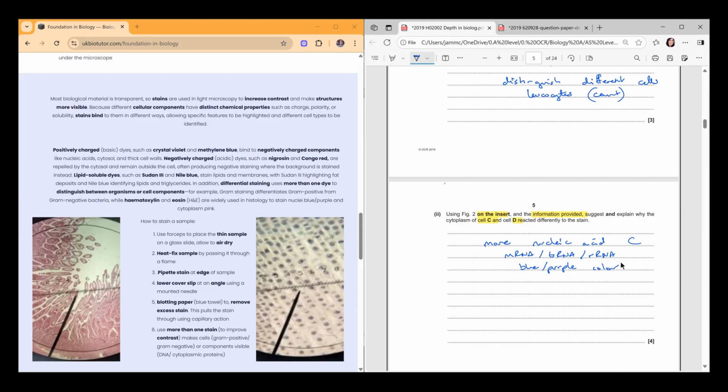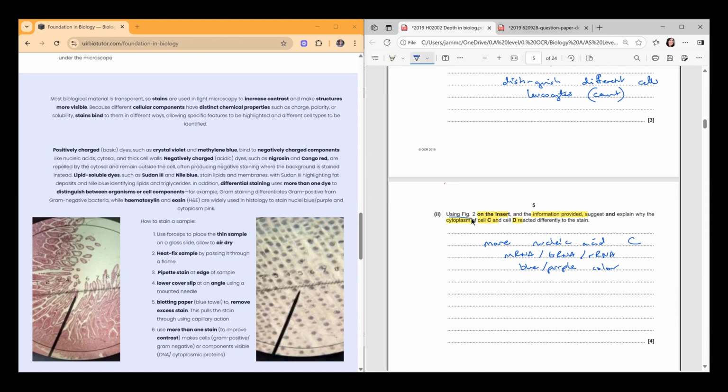So don't get confused. This is the thing that most students do. They will actually start talking about the nucleus, and you will lose marking points when talking about the nucleus because it specifically said in the question, the cytoplasm.